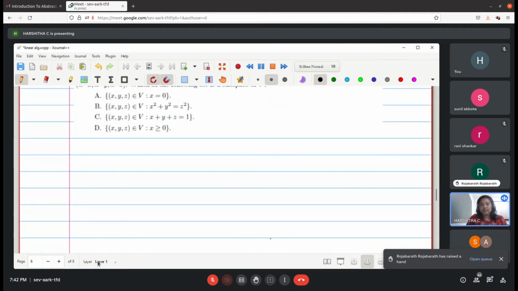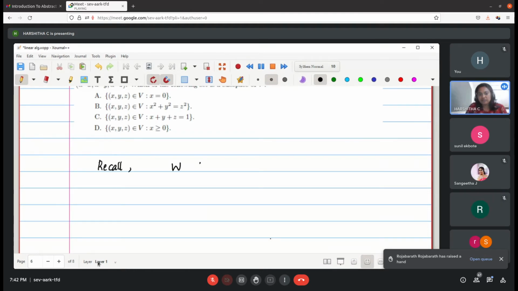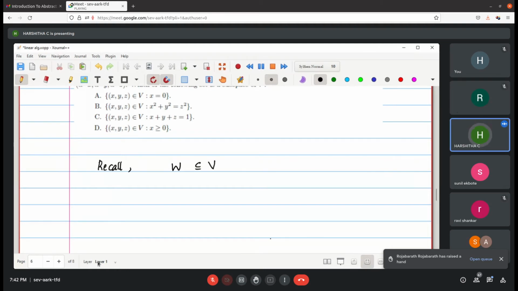So let's just quickly recall what a subspace is and how you check if something is a subspace. If you want to look at it algebraically, you have some subset W of V and we're saying that this itself is a vector space.